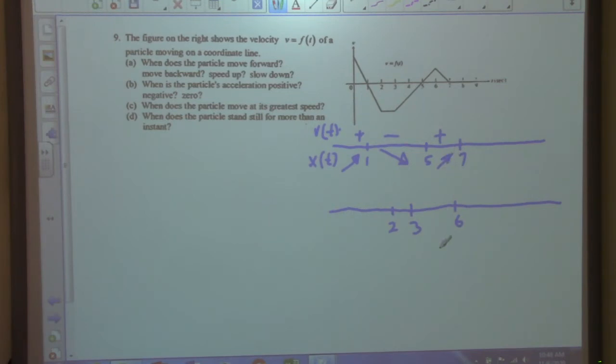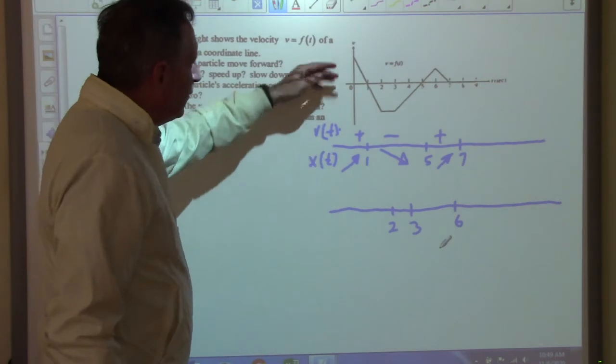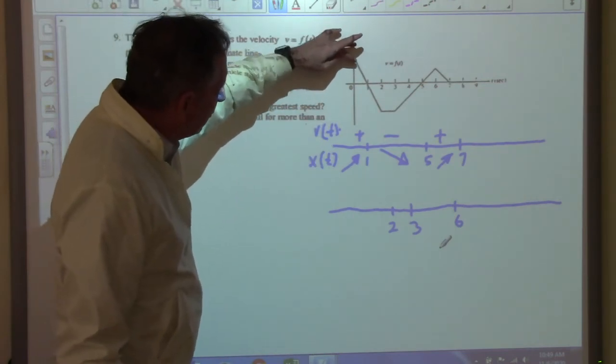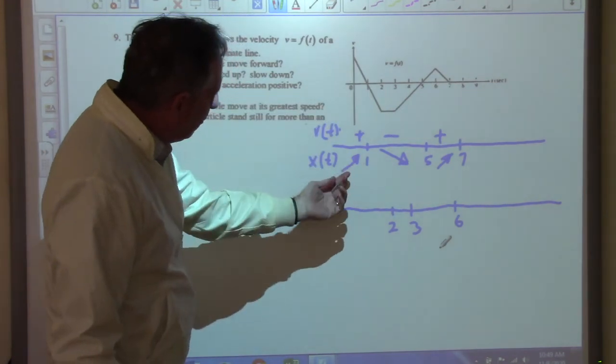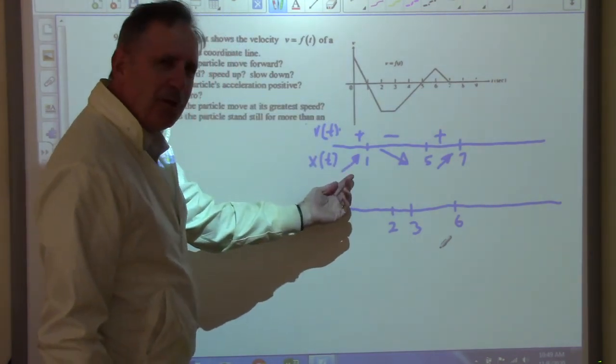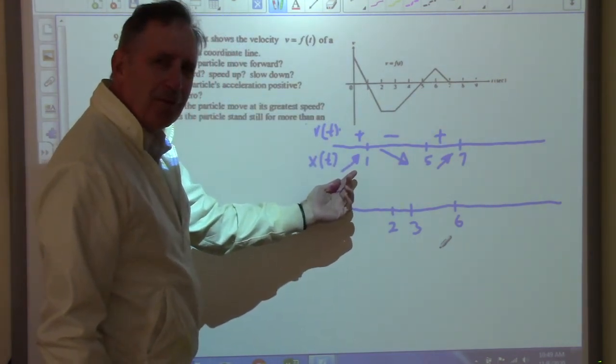Now, look at that little sketch for a moment. How intuitive is that to you? It isn't especially to me, and I'll tell you why not. Because you have the velocity equation decreasing, but at that same time, x of t is increasing. That's kind of goofy.